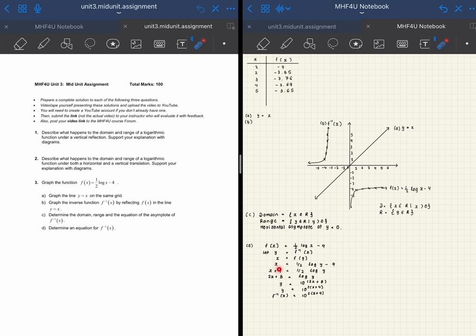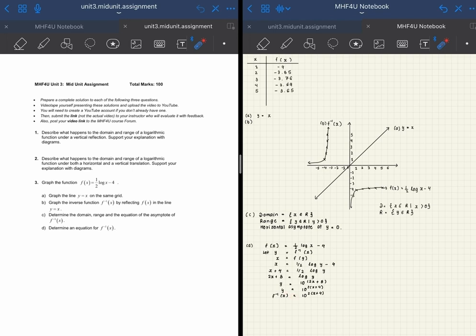So x will be x equals 1/2 log y minus 4. And we'll move 4 to the other side, so x plus 4 is equal to 1/2 log y. And we will move this half to the other side, so it will be 2x plus 8 equals log y. Finally, we will move log to the other side, so y will be 10 to the power 2x plus 8.